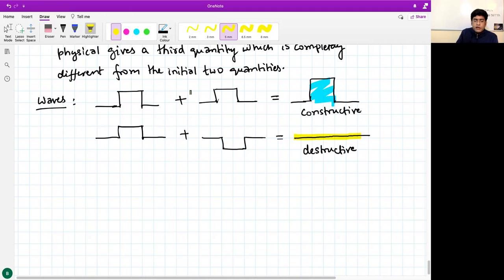Now, this is an important thing to note. This is how you learn the differences between quantum mechanics and classical mechanics. We are already learning this now.